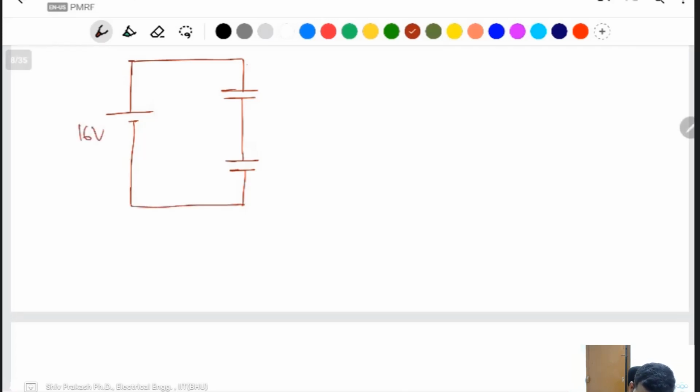This one is 16 volt. You can write it as Vs equal to 16 volt, with V1, V2, C1 and C2. If you want to convert this into Laplace, then this is Vs by S, and the impedances are 1 by SC1 and 1 by SC2.